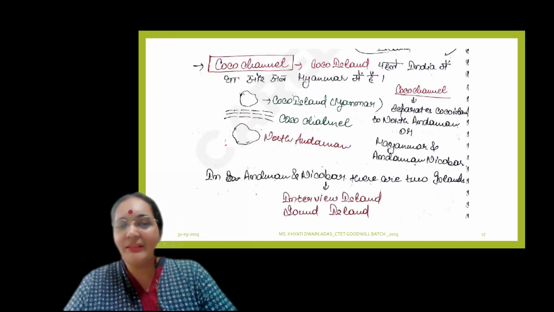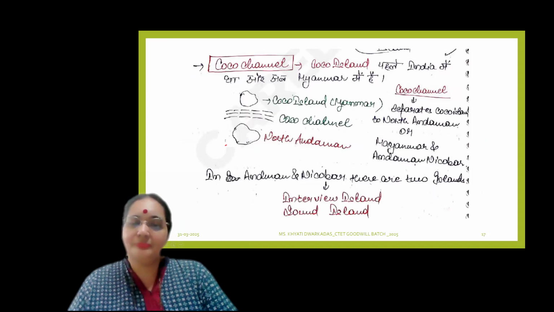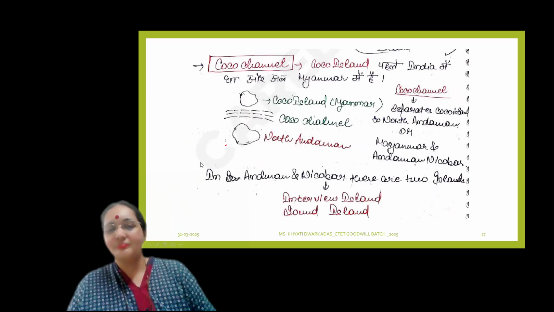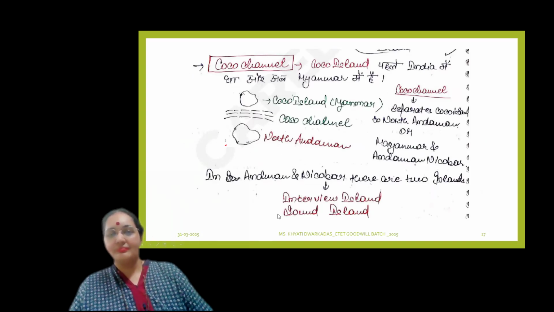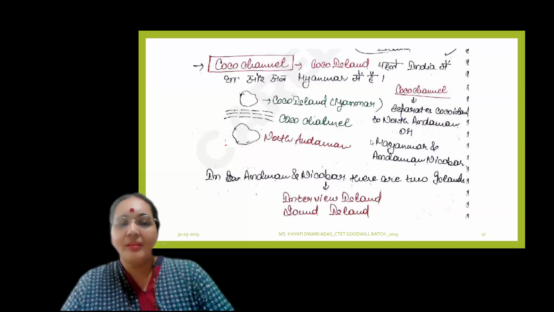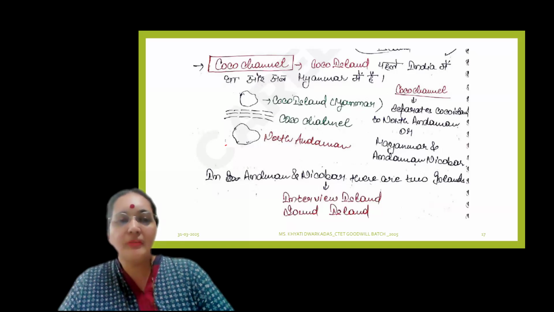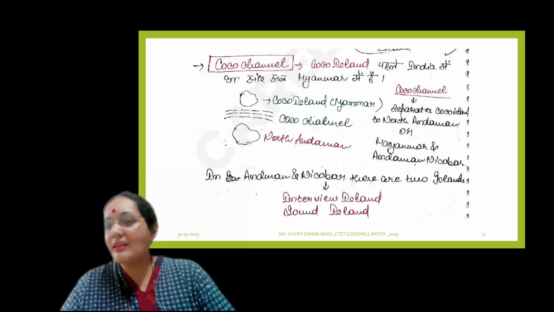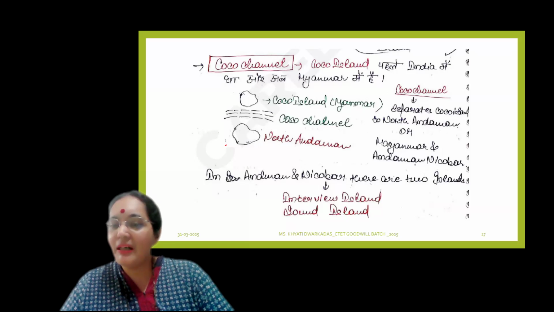Coco Island is just above the Coco Channel, and you can see North Andaman below it. The Coco Channel separates Coco Island and North Andaman, or Myanmar from Andaman and Nicobar.